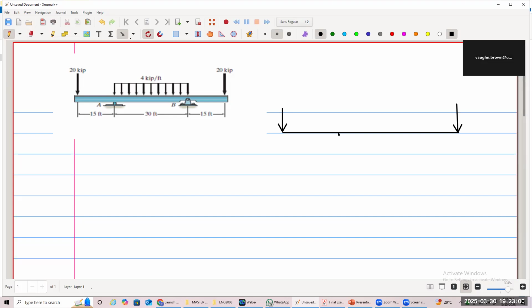a reaction, and it is a roller at this point. So because there's a roller there, you have one force. And normally where you have a pin joint, you have both. But we are not concerned with the horizontal force today.